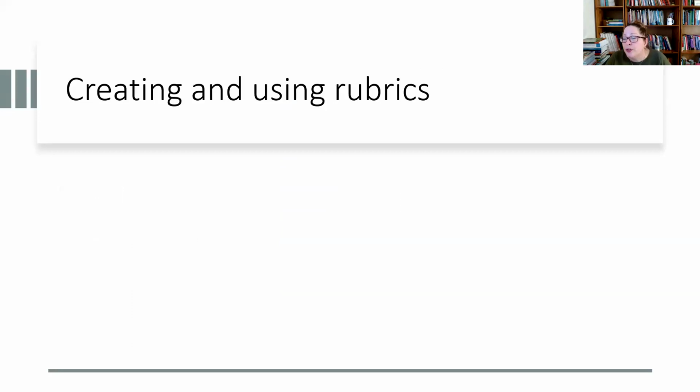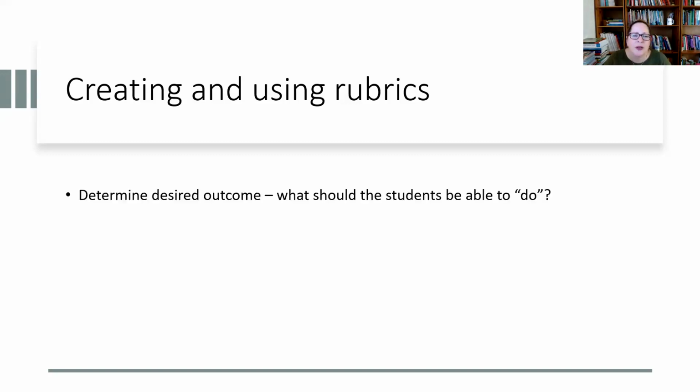Using rubrics is a very good way to help us separate out performance on a task compared to language used in a task. So rubrics are really useful to help us do both of those things at the same time. But to be very clear, this is the student's content knowledge, and this was their use of English or the school language. So when we create a rubric, we determine what students should be able to do.